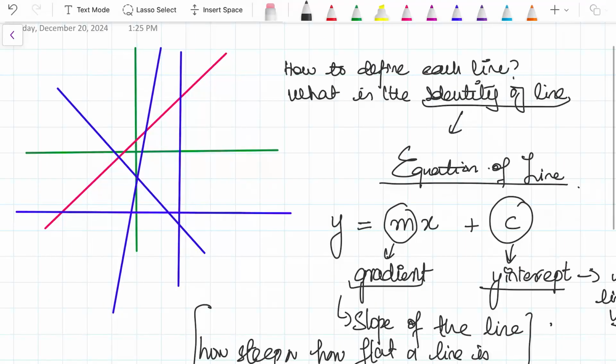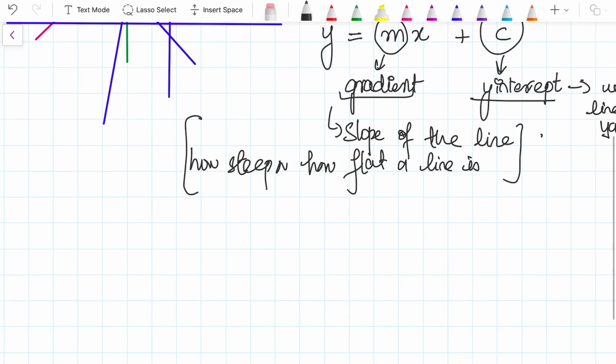So if I look at these points, this is my c, this is my c, this is my c. So these are so many different c's for different lines. Now, how do we define the gradient? We will learn that later. But let's learn how to make the equation of the line given the gradient and y-intercept.